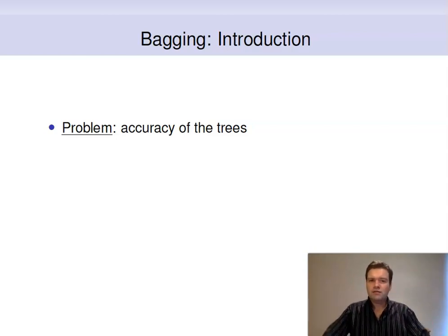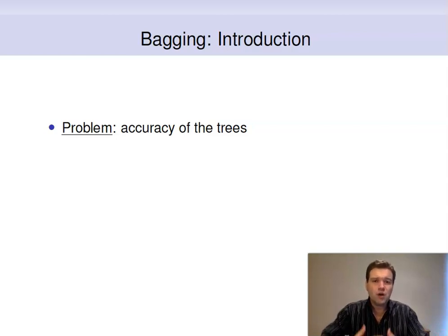These are made of binary splitting. That means that we separate the values of a given covariate into two parts. That means that we only consider one covariate at a time. Intuitively, we can understand that maybe we have some prediction problems, some accuracy problems with these trees.